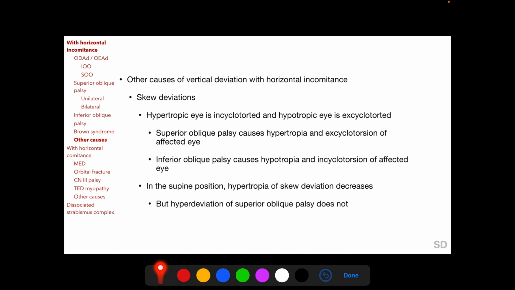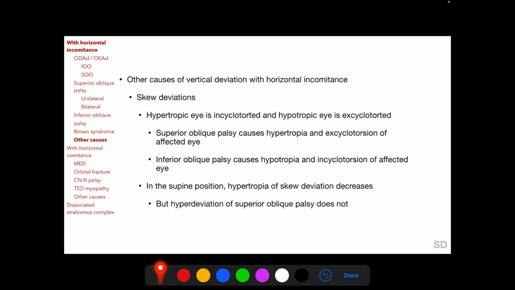So the combination of hypertropia and encyclotorsion, or hypotropia with excyclotorsion, suggests skew deviation, whereas hypertropia with excyclotorsion and hypotropia with encyclotorsion suggests palsy of oblique muscles.